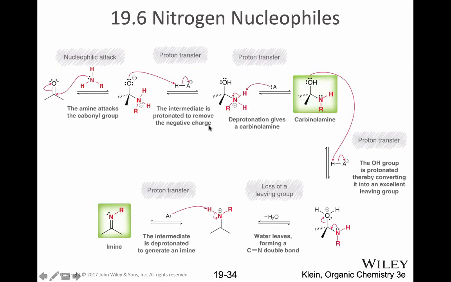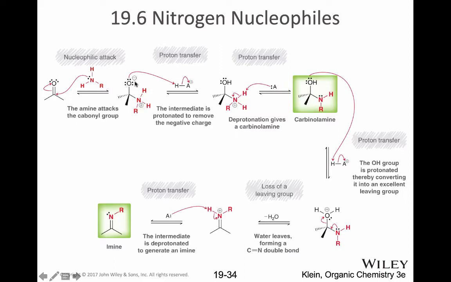So the way this works is these reactions are carried out under acidic conditions. The nitrogen is nucleophilic enough to attack the carbonyl carbon of the ketone or aldehyde. You make this intermediate here. Now you might be wondering, Raja, you said we never make negatively charged intermediates. Well, this intermediate is overall neutral. You end up with a negative charge on the oxygen and a positive charge on the nitrogen.